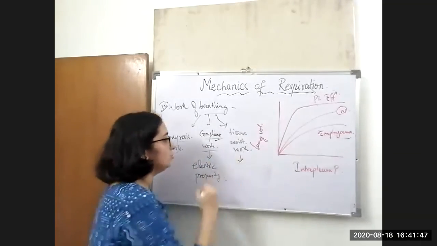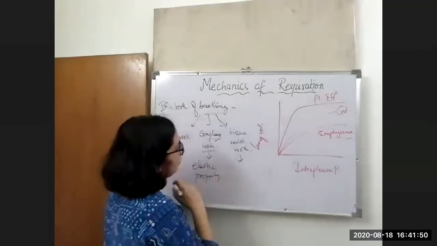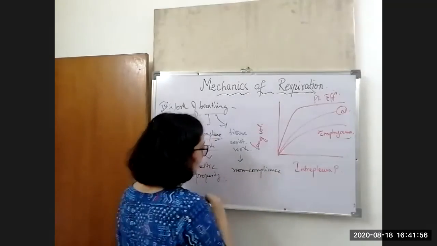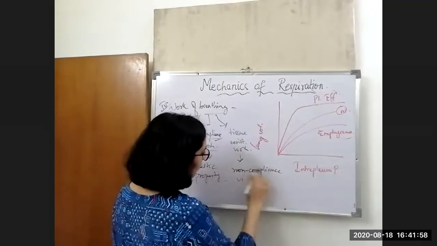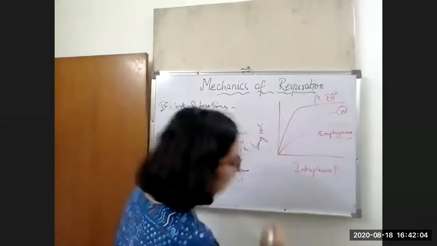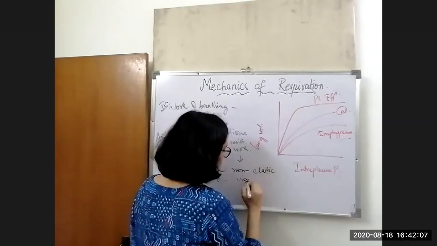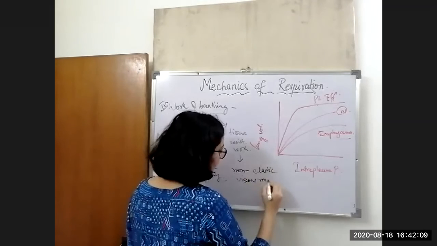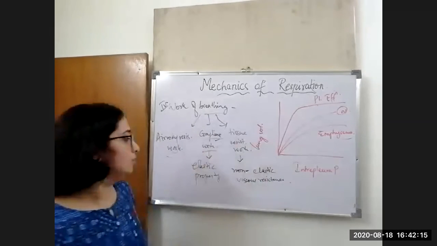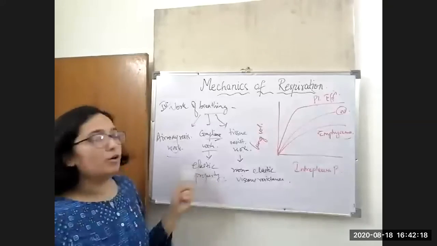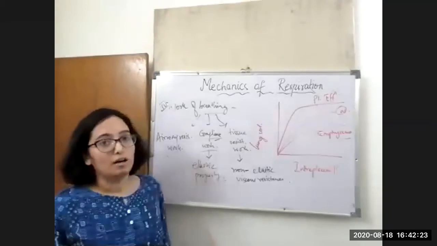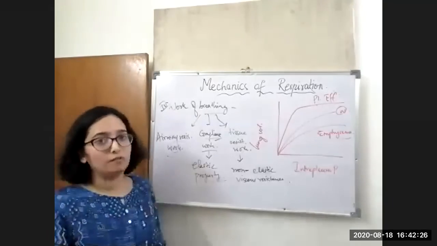Now, what is tissue resistance work? It is also known as non-elastic viscous resistance work, that is, which is not due to any elastic property of the lungs or thorax, but it is due to the resistance which is caused by the tissues of the lungs and the thorax.